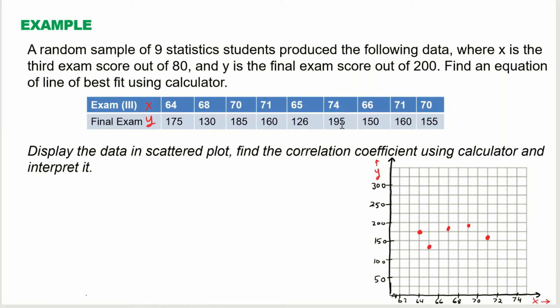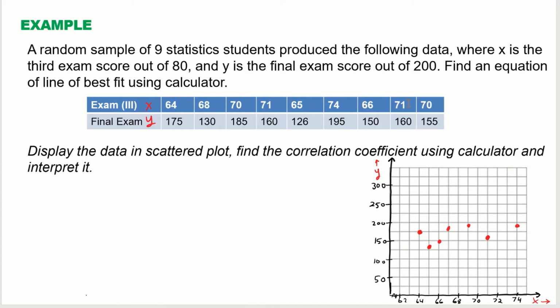Next we have 74, 195. 74 is here, 195 is quite close to 200, so it is this one. Then we have 66, which is here, and when it is 66, it is 150, so it is exactly this one.